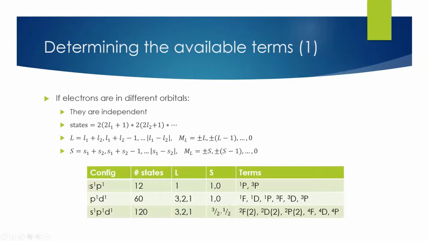For the s and p combination, we have an L equal to 1 and an S that is either 1 or 0, so our possibilities are 1P or 3P. And remember, these terms are (2L plus 1) times (2S plus 1) degenerate. So this 1P term is 3-fold degenerate, and this 3P term is 9-fold degenerate. There should be a total possibility of 6 times 2, 12 states, and we can see that in these terms. We can do the same thing for these other orbitals, and again, we'll go through some physical examples in class.